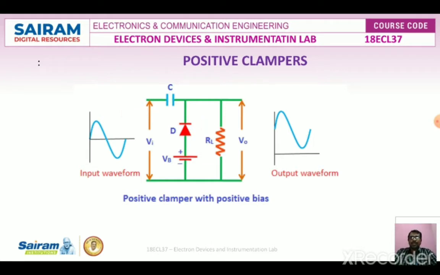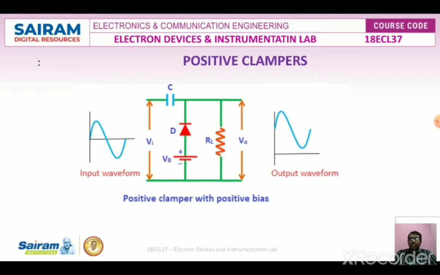During the positive half cycle, the battery voltage forward biases the diode when the input supply voltage is less than the battery voltage. This current flows to the capacitor and charges the capacitor.